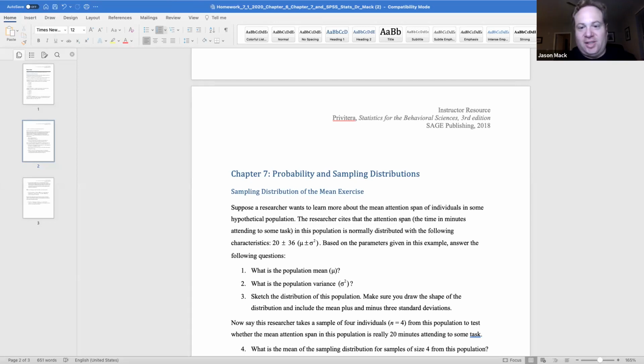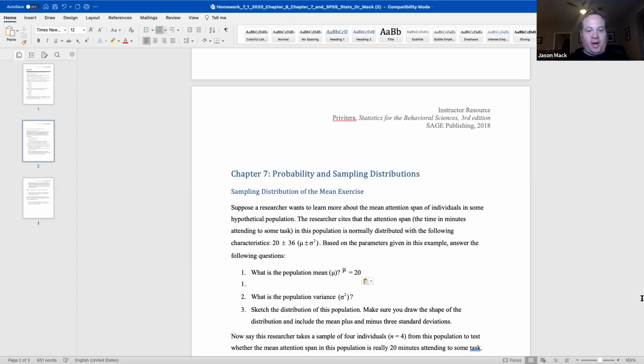The researcher cites that the attention span, the time in minutes attending to some task, in this population is normally distributed with the following characteristics: 20, that's your mean, plus or minus 36 standard deviation. Based on the parameters given in this example, answer the following questions. What is the population mean? Well, the population mean is given to us, so that's very straightforward. The population mean is going to be equal to 20, okay?